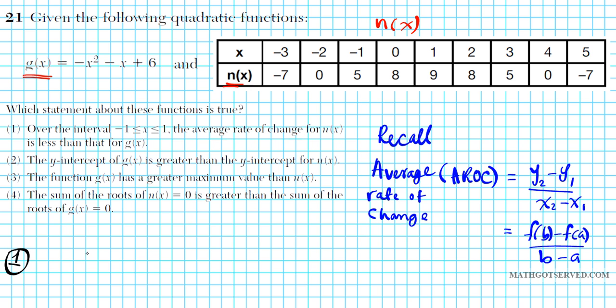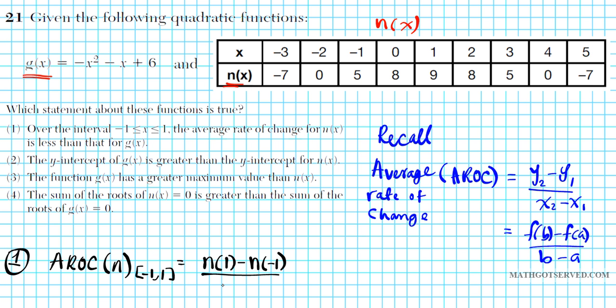Let's start by computing the average rate of change of n first. So the average rate of change, AROC, of the function n on the interval -1 to 1. This is my a and this is my b. It is simply going to be the rise, n of 1 minus n of -1, divided by the run.